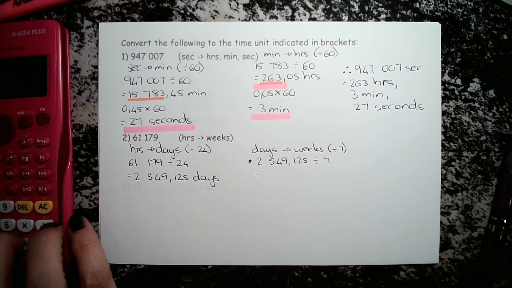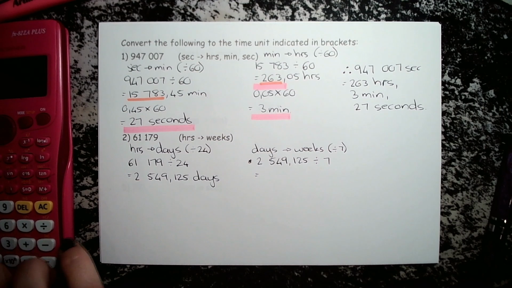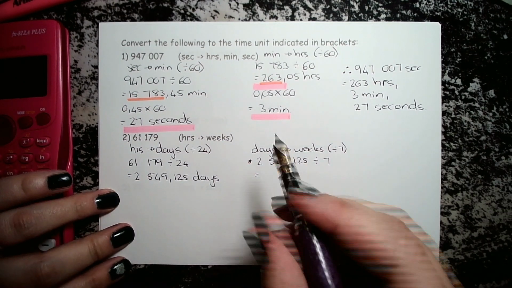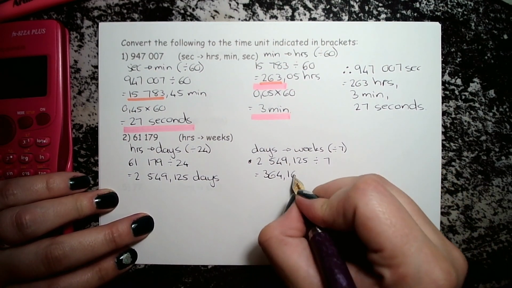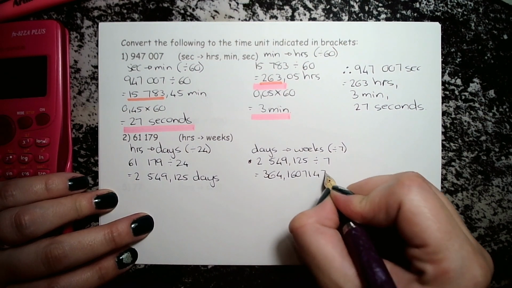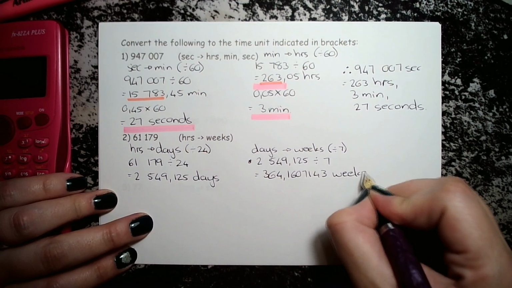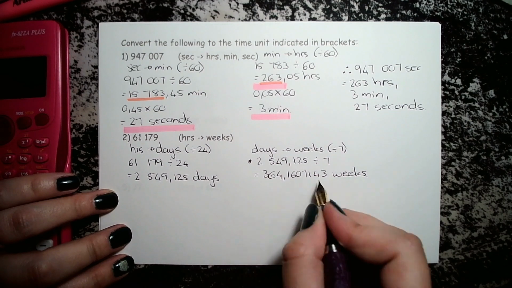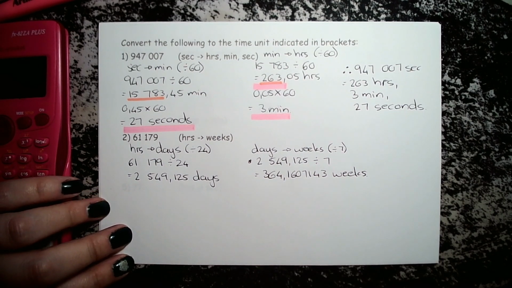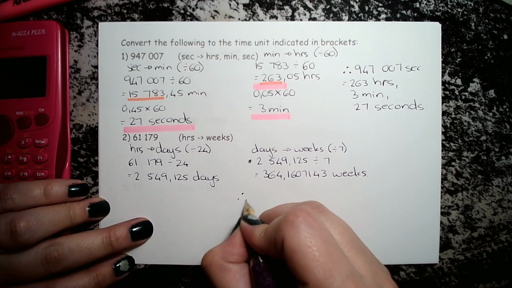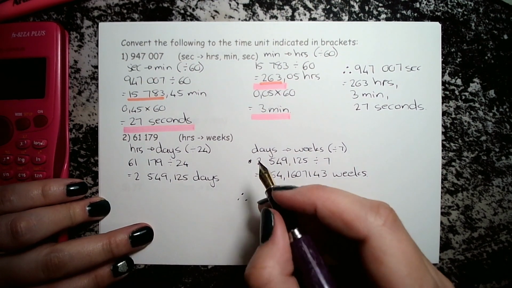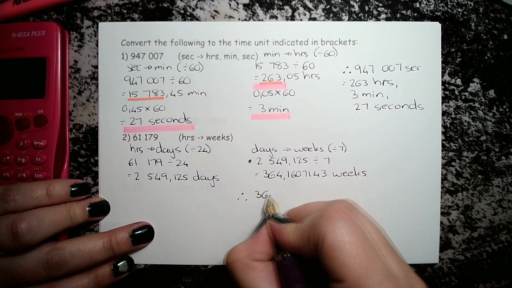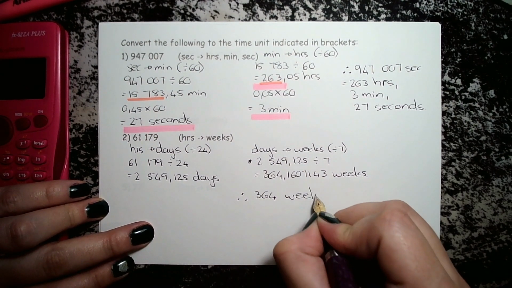So 2,549.125 divided by 7 gives us 364,1607143 weeks. I don't know anybody who speaks about weeks like that, so we are rounding it down to 61,179 hours as being 364 weeks.